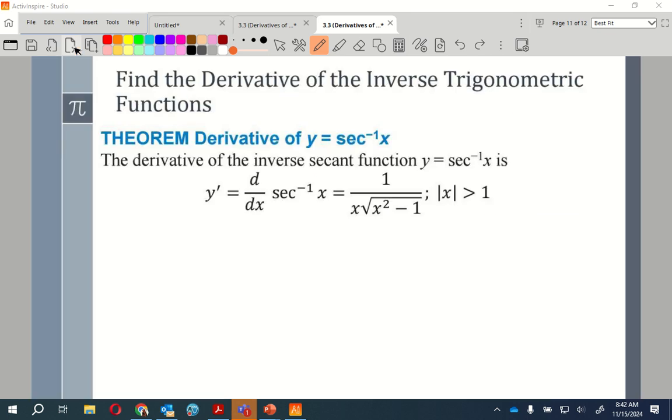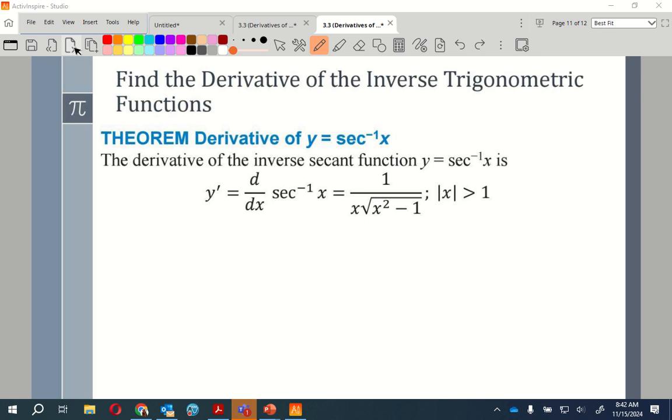Okay, let's see. This one right here. Inverse secant. So, we're going to use this one right here. And the domain restriction on this is absolute value of x has to be greater than 1.